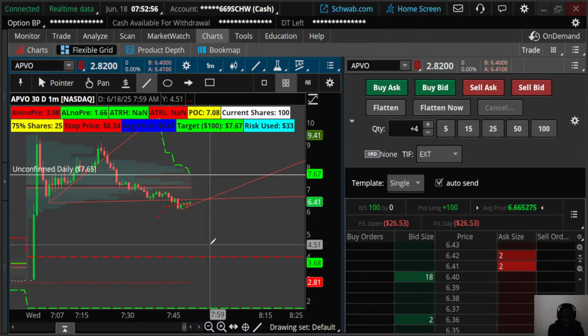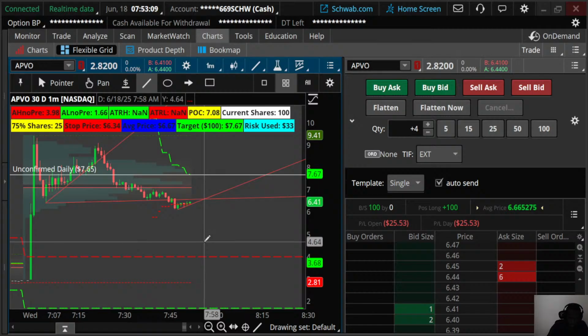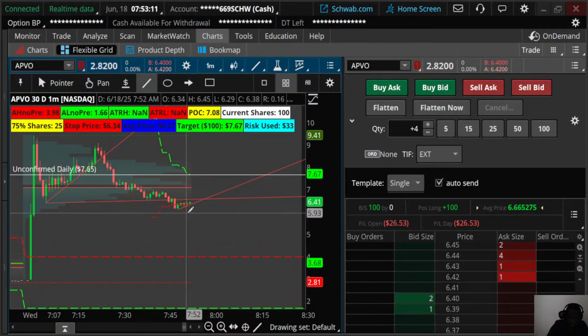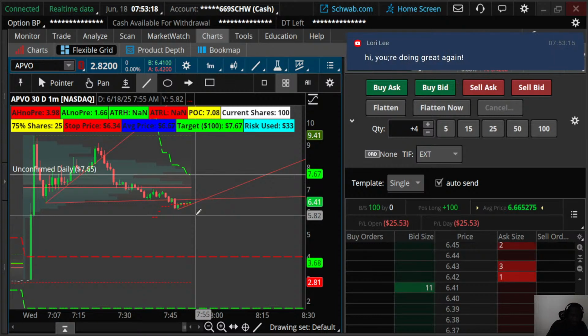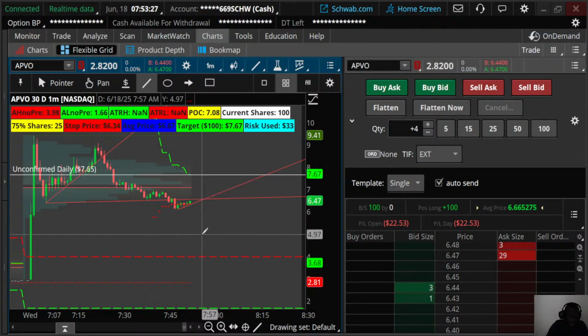Average price is 666. And I'm thinking it has room all the way back up here to the 763s is what I'm looking at.